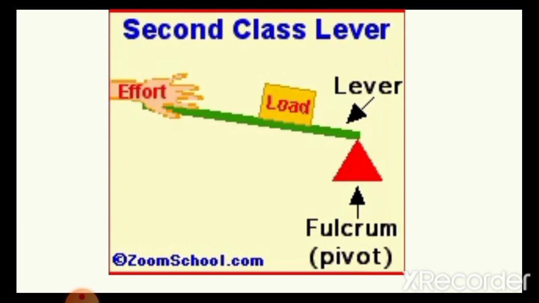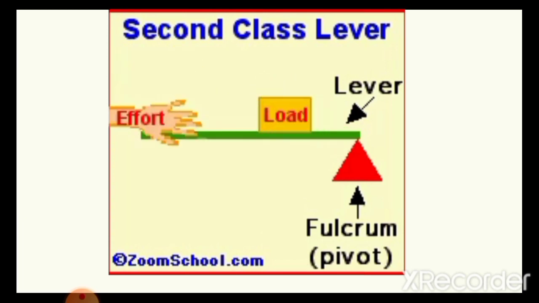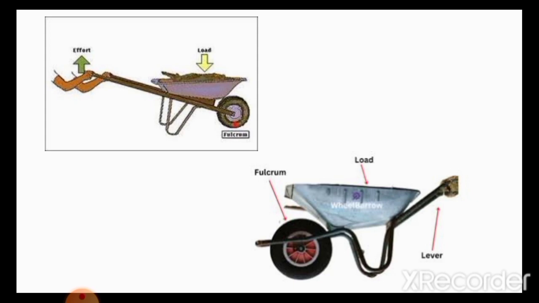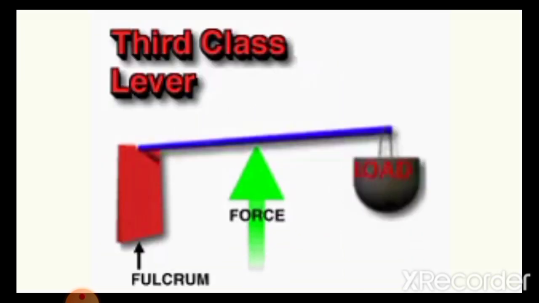The next is the second class lever. This usually has the fulcrum at the end, that is, the load is between the fulcrum and the effort. An example is the wheelbarrow. You can see that the wheelbarrow has the fulcrum at the point where the tire is joined to the edge of the wheelbarrow, while the space for the load is at the center.